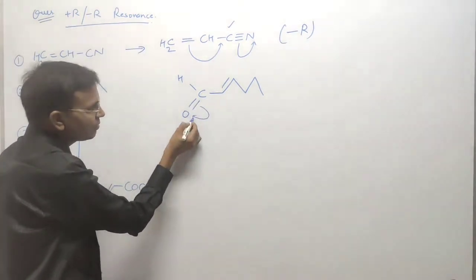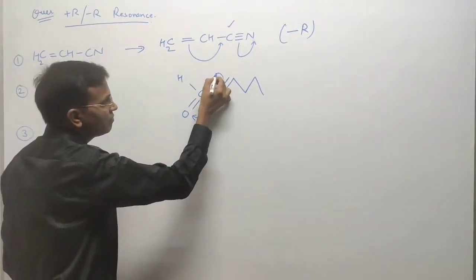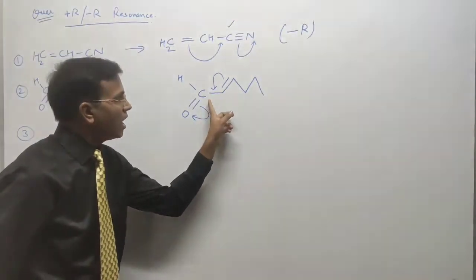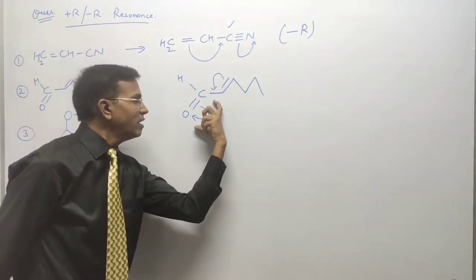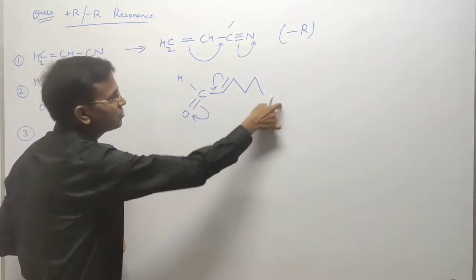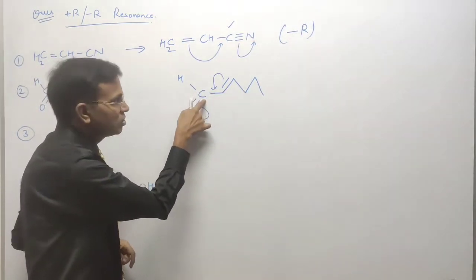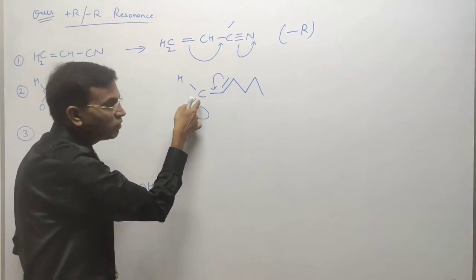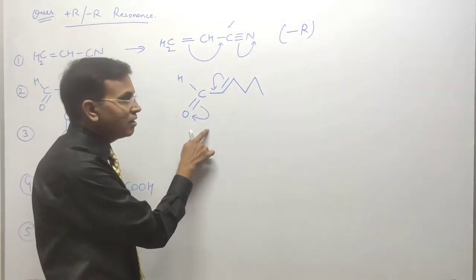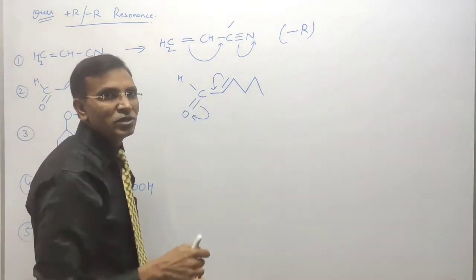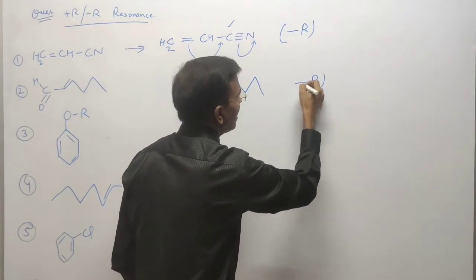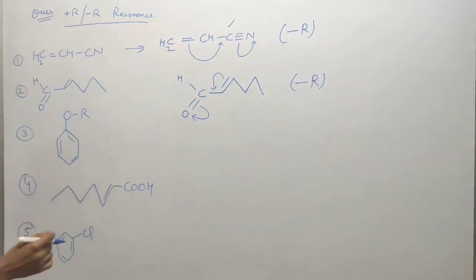That's why it attracts the pi electrons towards itself and the pi electrons movement takes place towards the atom attached. This is the atom attached, carbon. So electrons movement takes place towards the atom attached. That means this type of resonance where the electrons movement takes place towards the atom attached is minus R type. So it is minus R type. Right? Now come to the next.